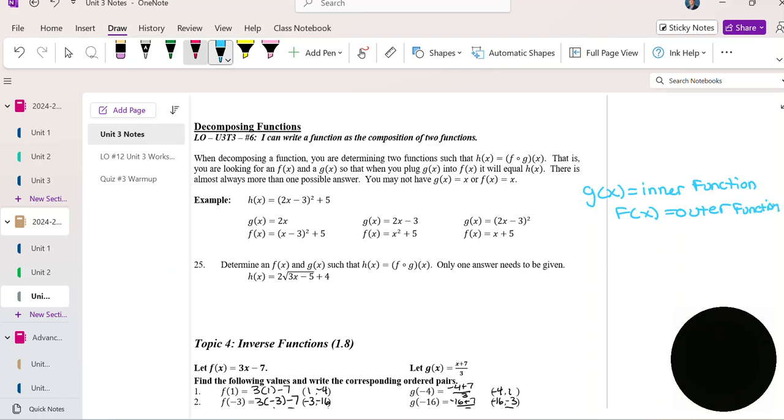So for example here, the inner function is 3x minus 5. So that is your g of x, 3x minus 5. The outer function, the f of x, well, you multiply by 2 the square root, and you add 4. So that is the outer function.